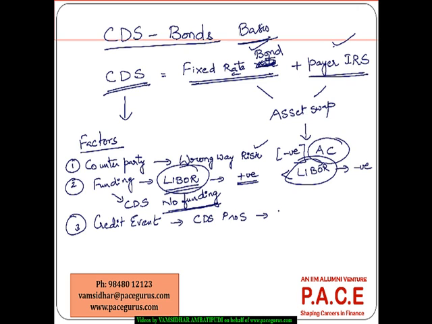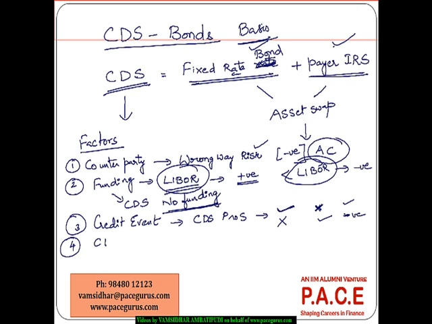So it may be a payment from the CDS protection seller, but it may not be a loss that is incurred by the bondholders. Or it could happen the other way also. The credit event may not be triggered for the CDS, but the bondholders are taking losses. So in the first case, the basis is going to be positive, whereas in the second case, the basis is going to be negative. So even the way we are defining the credit events has a bearing on the basis being positive or negative.